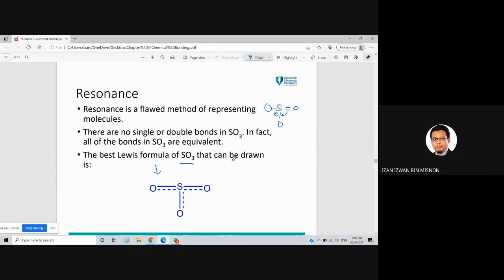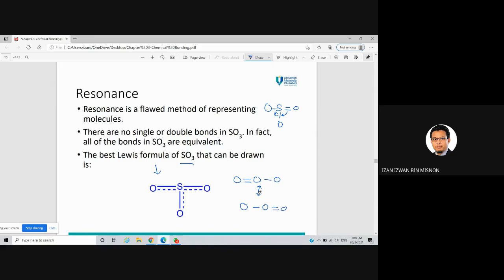The same goes for oxygen, for example. Ozone can be represented either by this structure, or we can have another one like this.